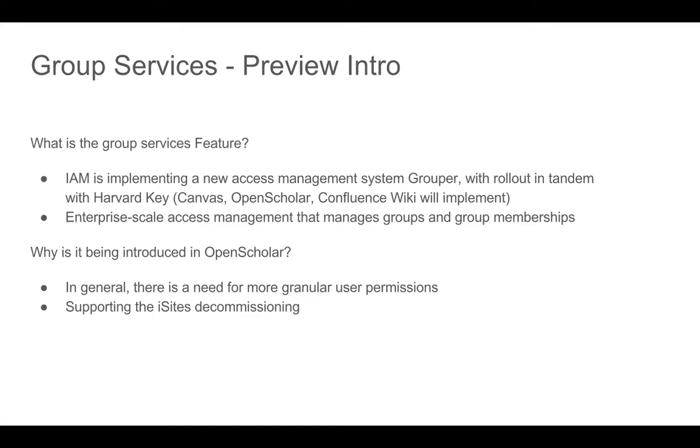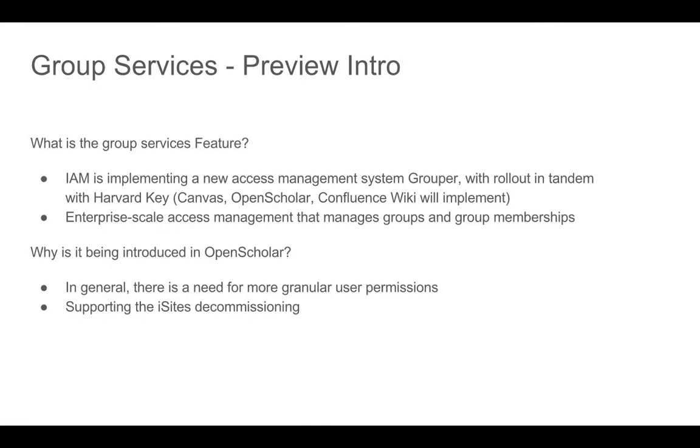And the way this is going to be used is for permissioning on various applications, such as Canvas, OpenScholar, and Confluence Wiki, which are the three within our domain, within academic technologies, that are going to try this. So IAM is coming out with a release on its side of the group services feature in June. So then OpenScholar will begin to test at that point with the latest code.